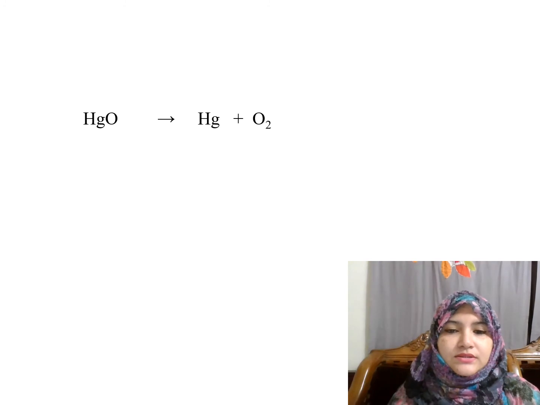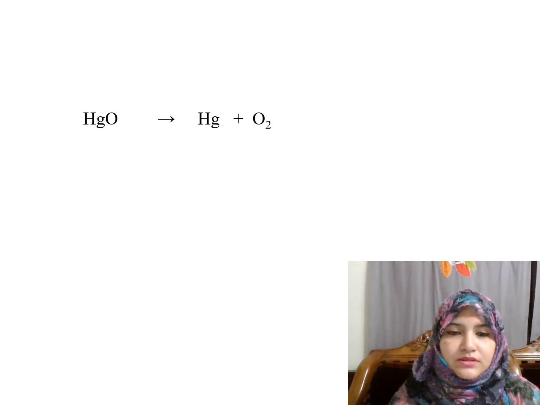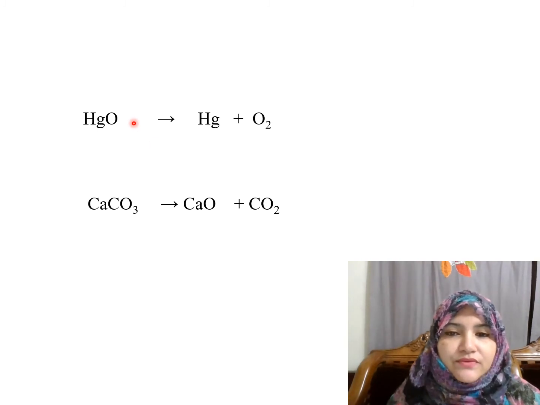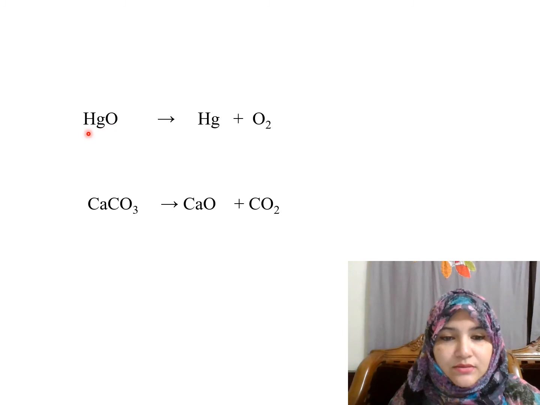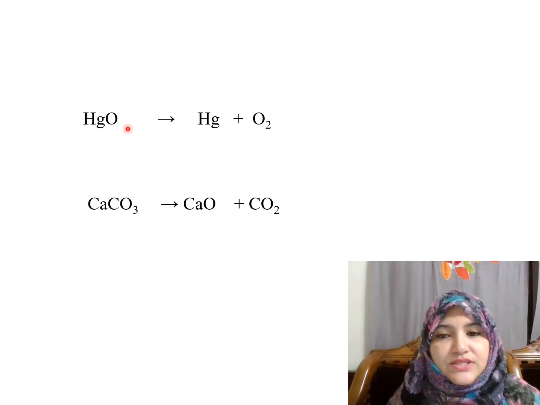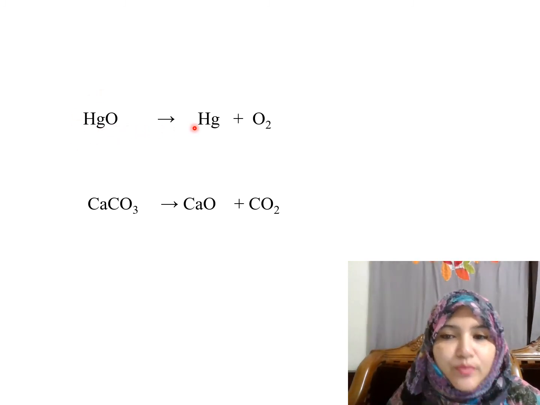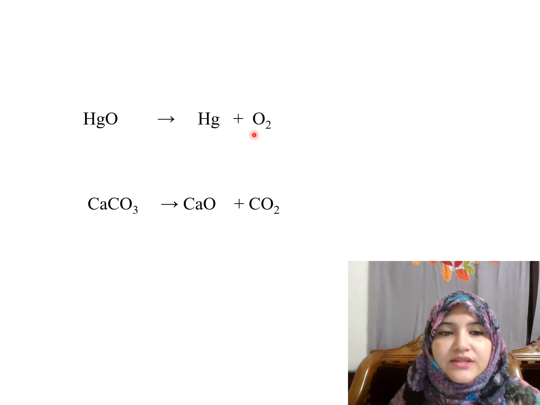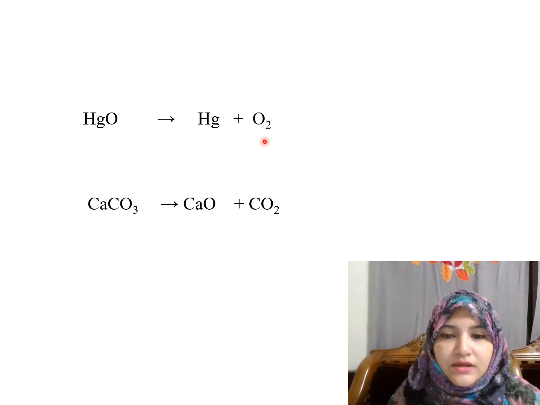And now consider these two decomposition reactions, okay. One is this and one is this. The first one, when mercury oxide is heated, it decomposes into pure metallic mercury and oxygen gas, a diatomic oxygen molecule.